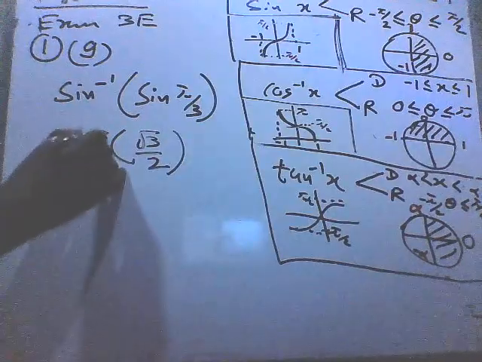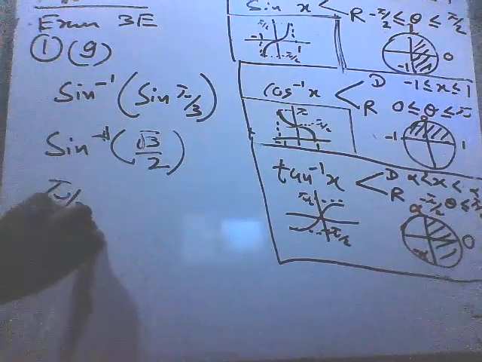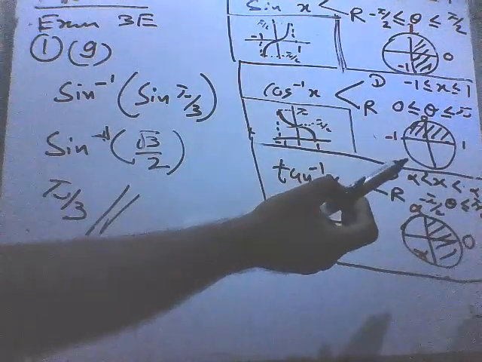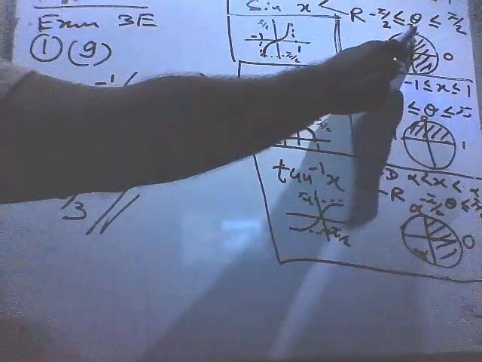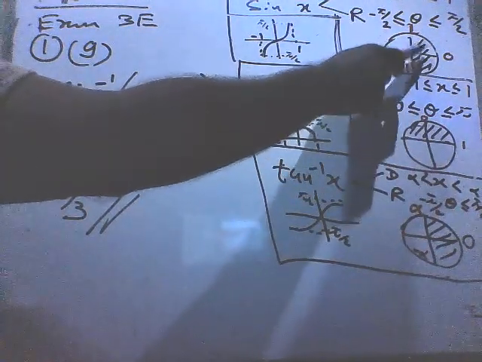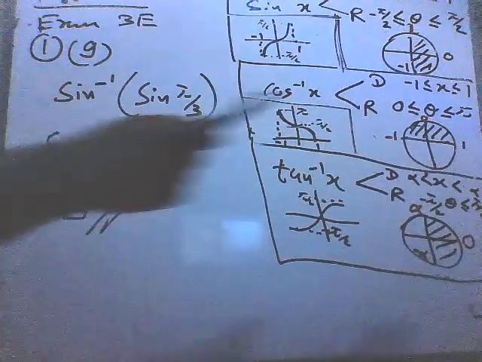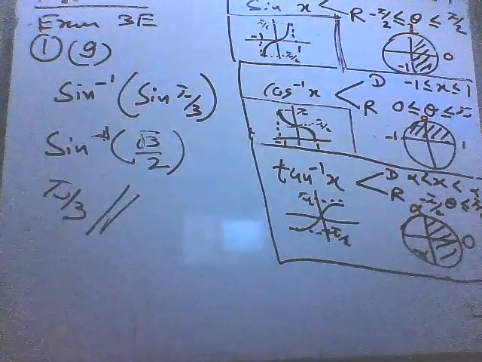Then we can write sine inverse of root 3 over 2, which is pi over 3. We have discussed these things in other chapters also. This is the positive value which we get, and these are the ranges given by the calculator also.